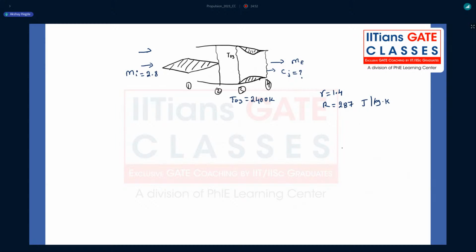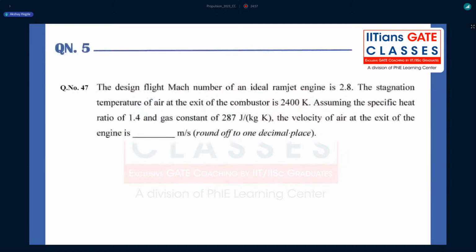So it is also given in the problem. The main important thing we have to note here is that it is an ideal ramjet.